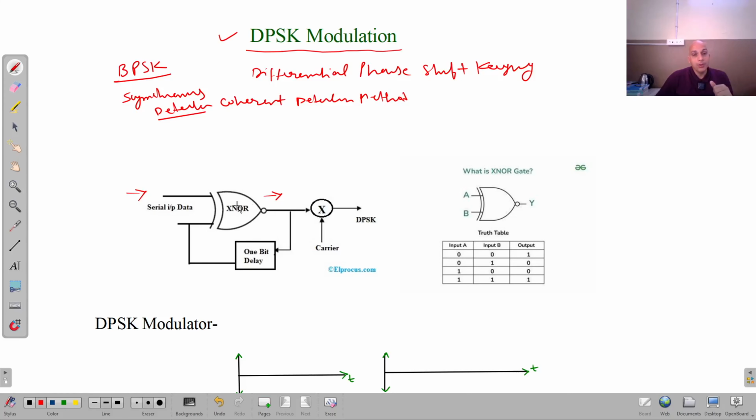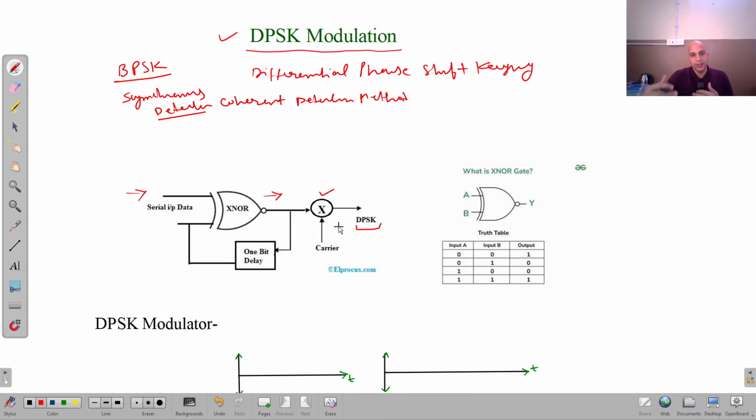We take the XNOR of the incoming bit with the previous output bit, and then according to that we have a new bit stream that will be modulated with the carrier with the help of a product modulator, and we will get a DPSK signal. So this is the central idea of DPSK modulation.